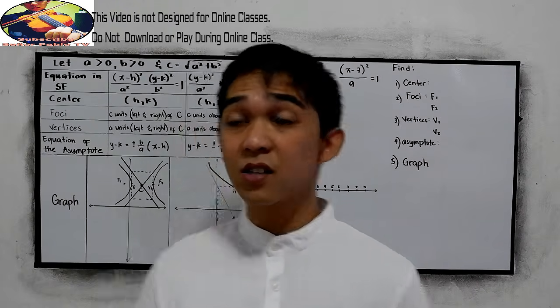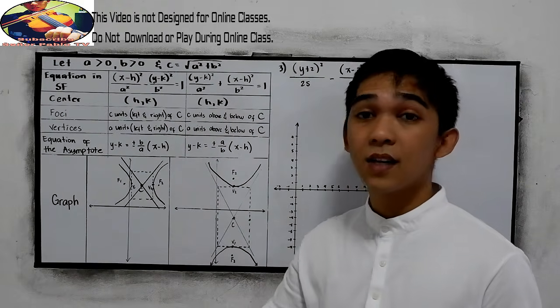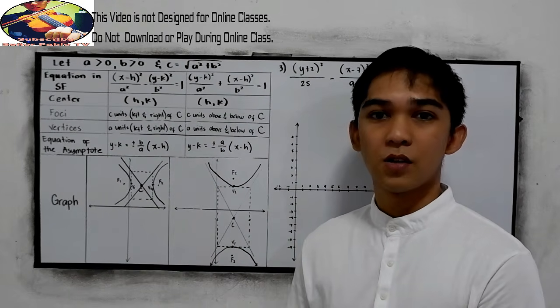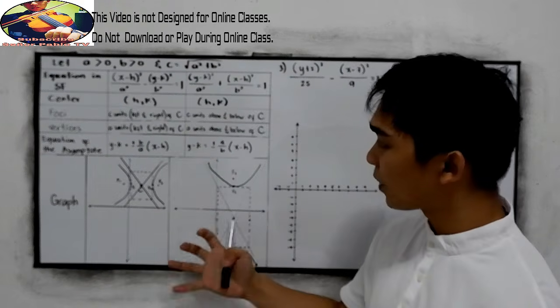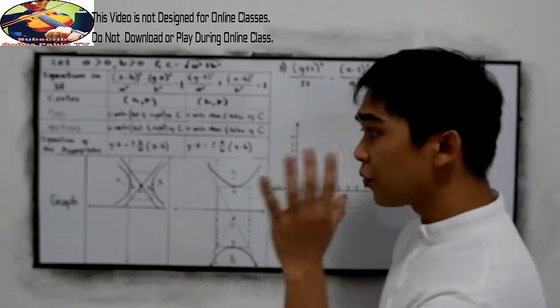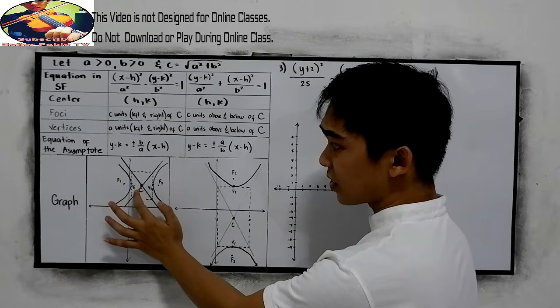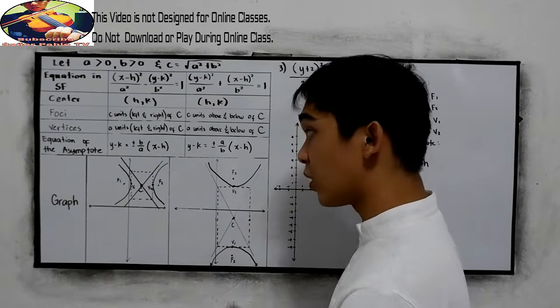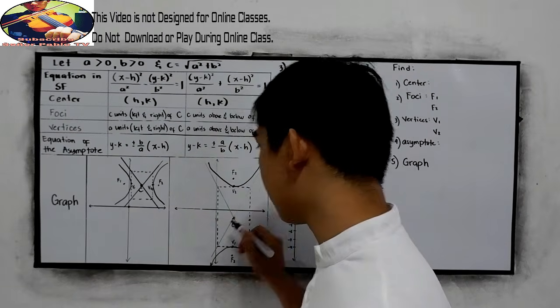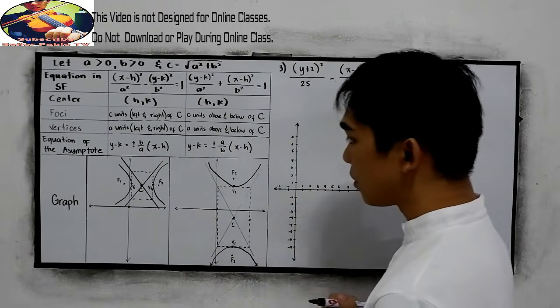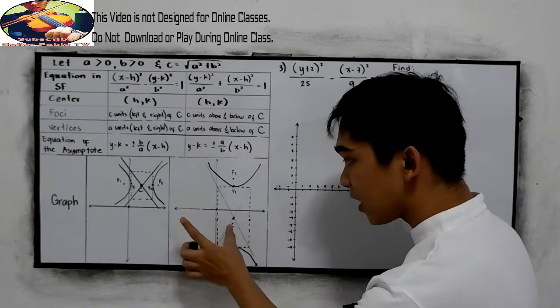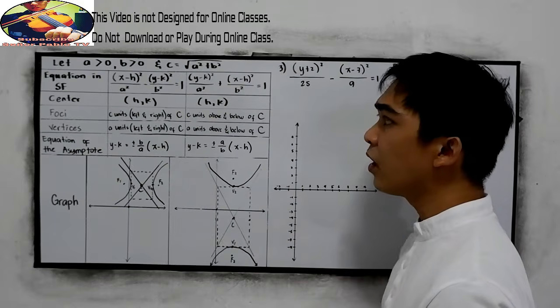If that is the case, we will need a different table. So this is the table that we are going to use. Notice in our graph that the center is not located at the origin. We know that our origin is located here.